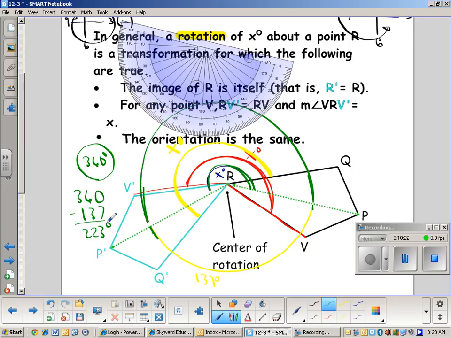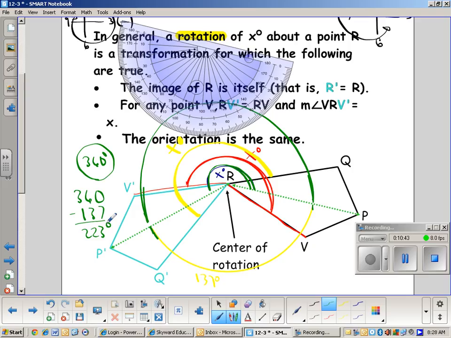And it appears to be true. All right. So the measure of that rotation would be 223 degrees.